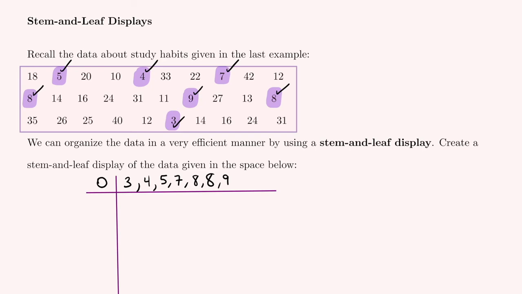Next, let's look for the data values that are between 10 and less than 20. In other words, let's look for the data values that start with a 1. Let's record these values in our stem and leaf plot.